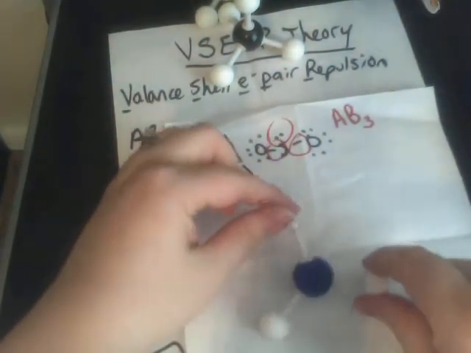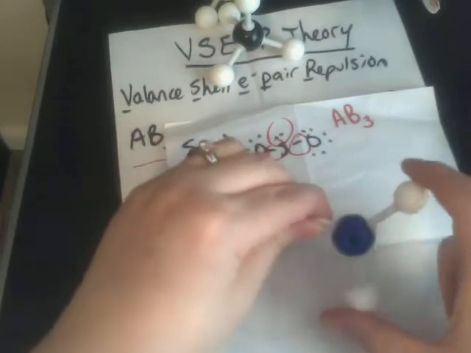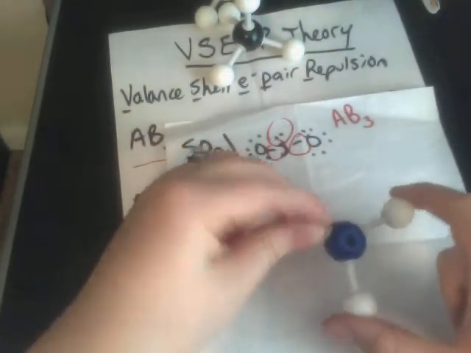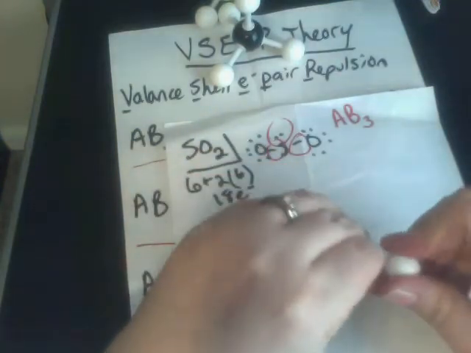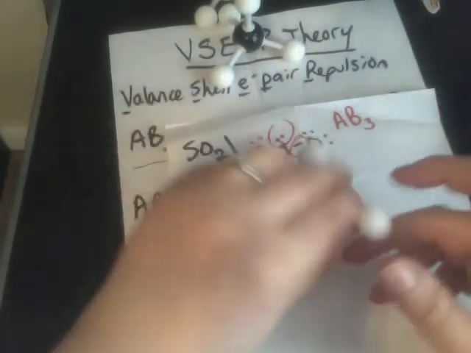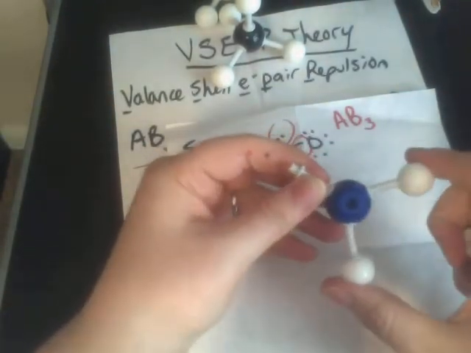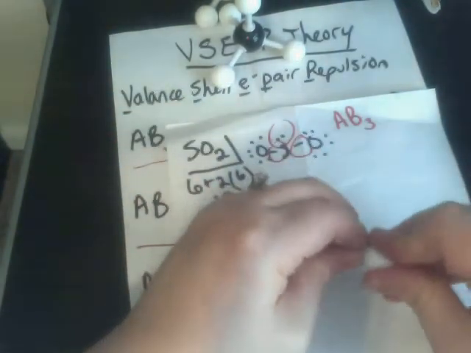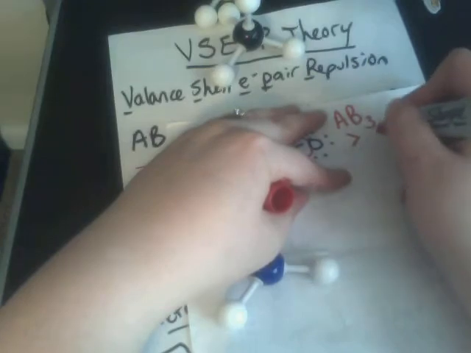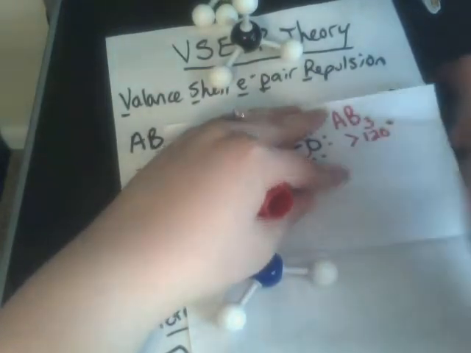So what's going to happen with this lone pair? It's going to push this in. So the answer is, if it was a perfect AB3 molecule, we would have 120 degrees. But since we're pushing it in just a little bit more, it's going to be slightly less than 120. So it's going to be less than 120 degrees.